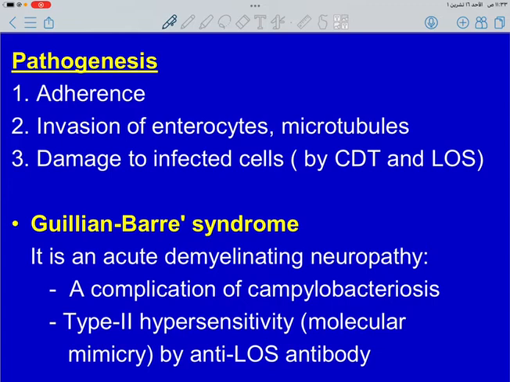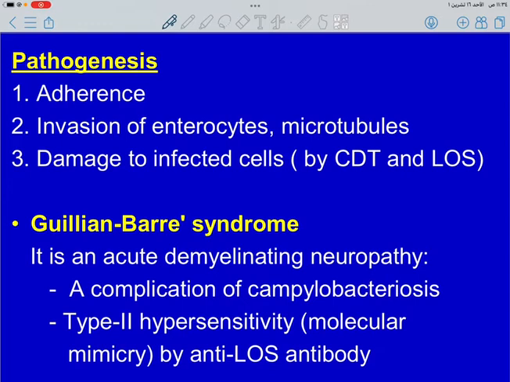After infection with this microorganism, antibodies will be formed against it. These antibodies may cross-react with the myelin sheaths of nerves in the central nervous system. You know, every nerve is coated with myelin sheath.